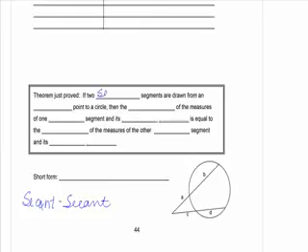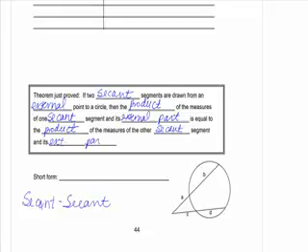This is if two secant segments are drawn from an external point to a circle, then the product of the measures of one secant segment and its external part is equal to the product of the measures of the other secant segment and its external part.